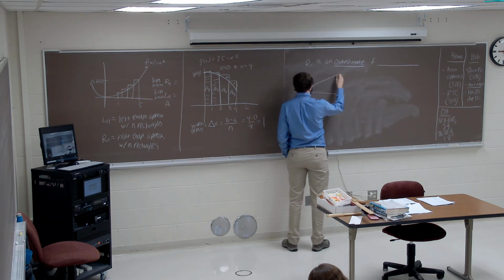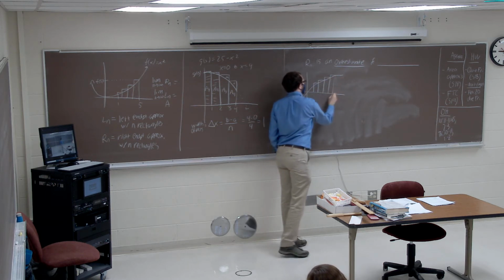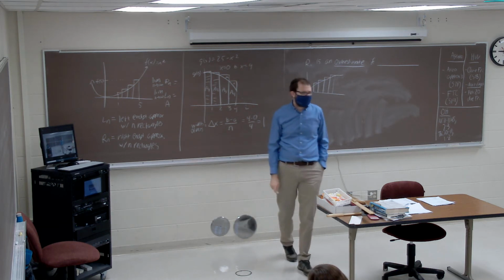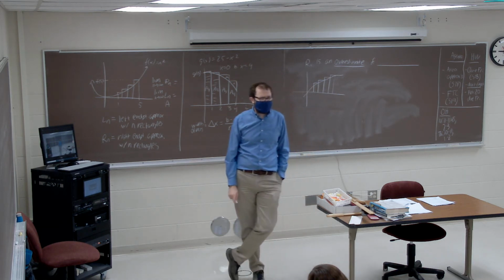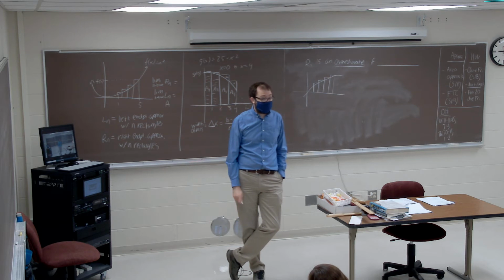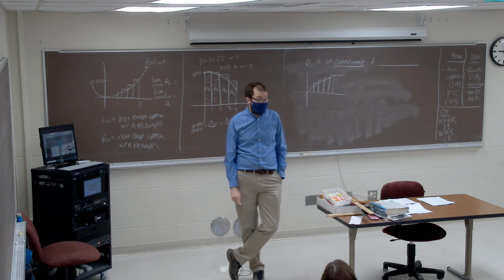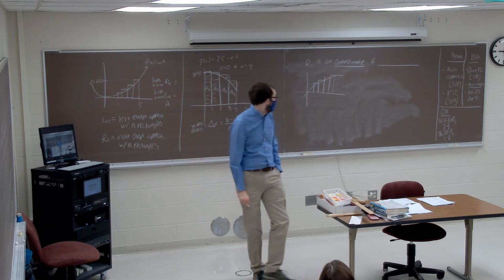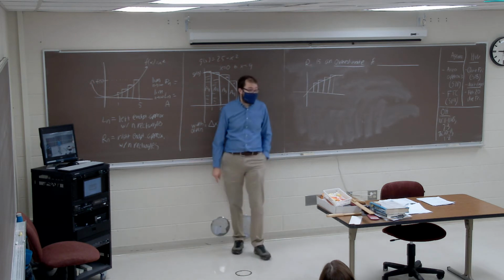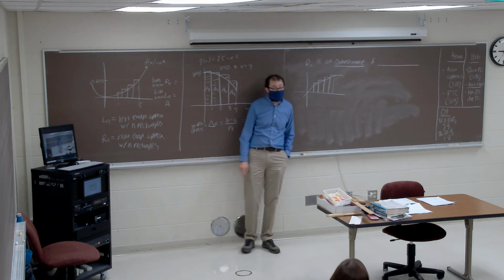So if we had a function like this, for instance, how could we sum up what we saw in the previous example and give a condition on our function for when R sub n will necessarily give us an overestimate for the actual area? Rachel?